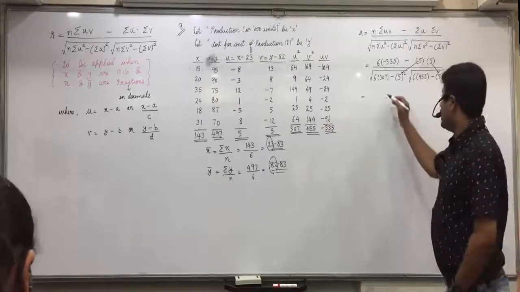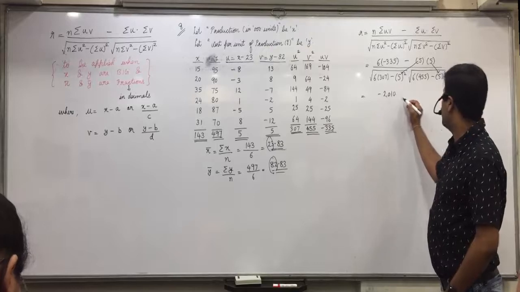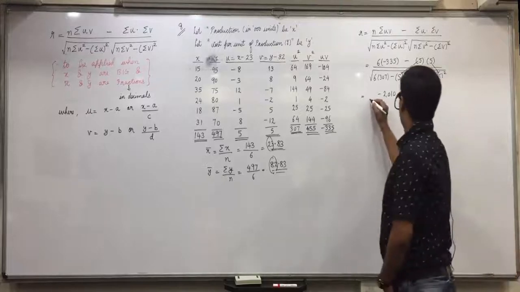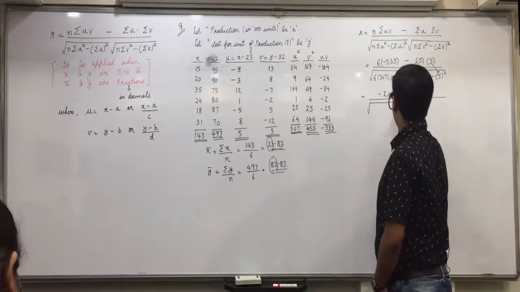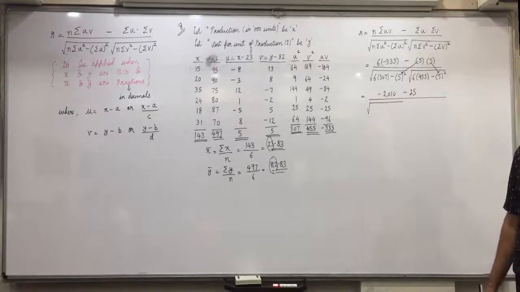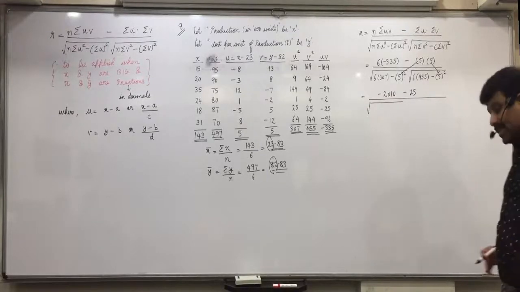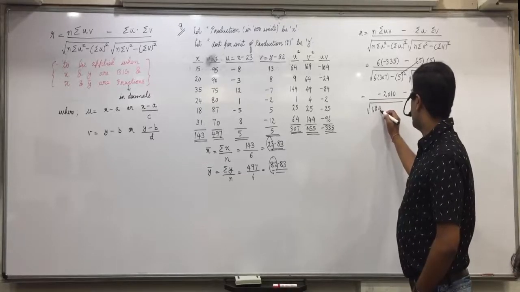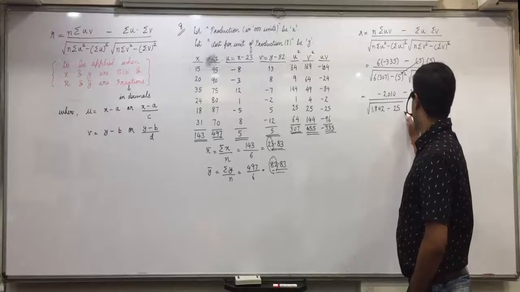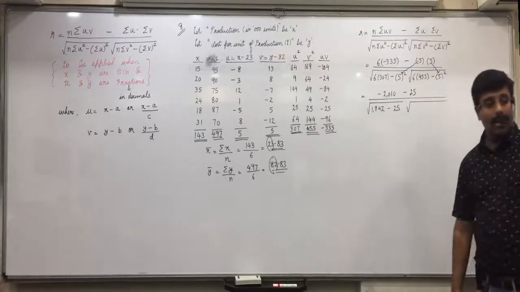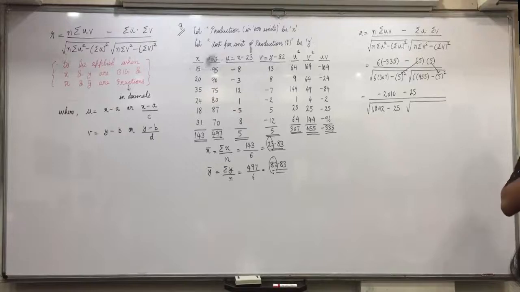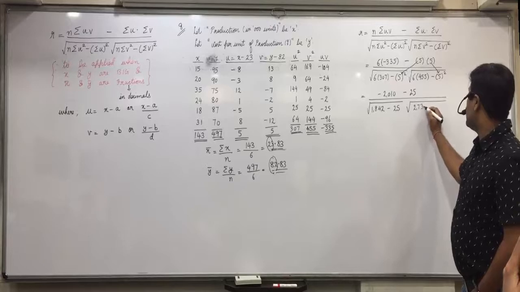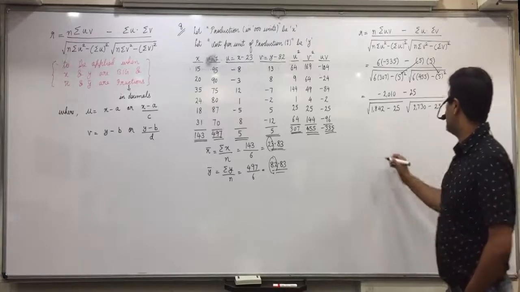Yes, minus 2010. Then 5 into 5 is 25 upon square root of 6 into 307, 1842 minus 5 square is 25, and here 6 into 455, so 6 into 455 is 2730. 2730 minus 5 square is 25.